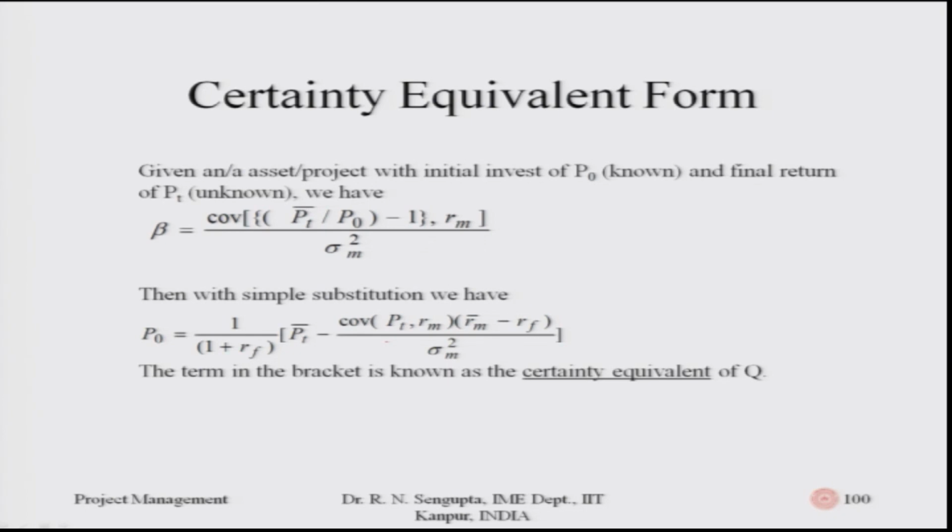And again, if you look very carefully, the denominator remains as the market risk, while the numerator is now basically the covariance which exists between the difference of the market and RF, this second term, and the price values. Market risk means I am trying to use the return of the market and the price corresponding to the project which is there. Based on that, I try to find out the covariance.